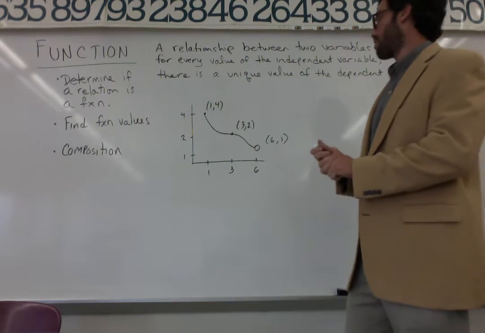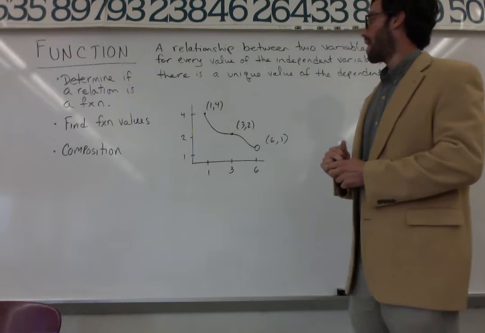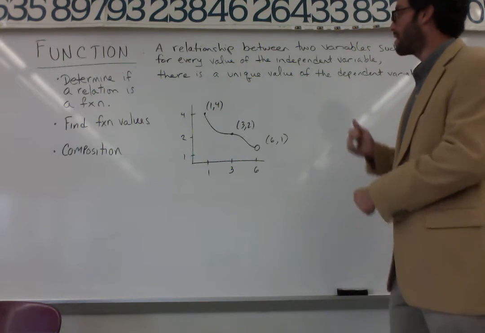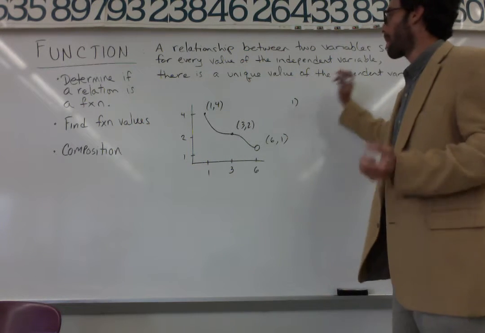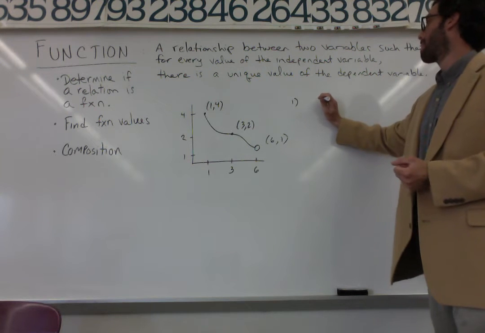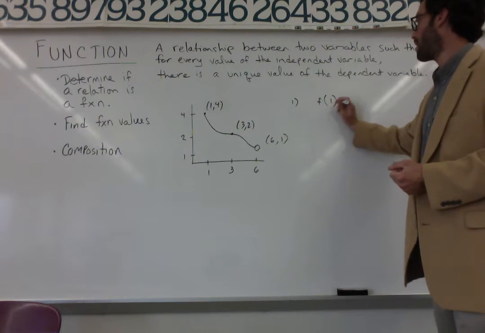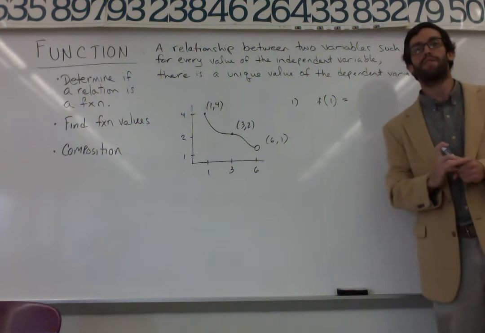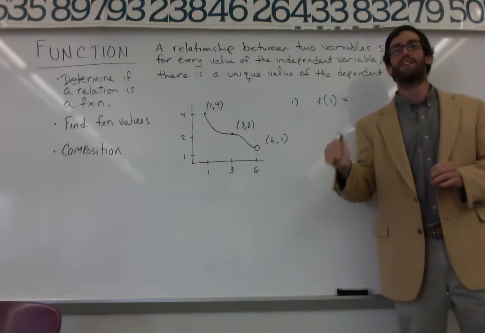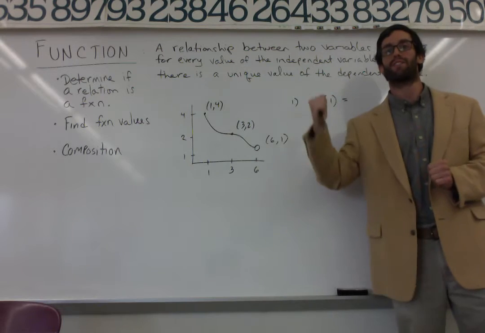All right? Okay. So if I said to find a function value, the kinds of problem you'd see on a quiz would be this. You'd say, okay, problem 1. Let's say, determine the value of f of 1. Determine the value of f of 1 is how you'd read this. And what this literally means is find the value of y when x is 1.